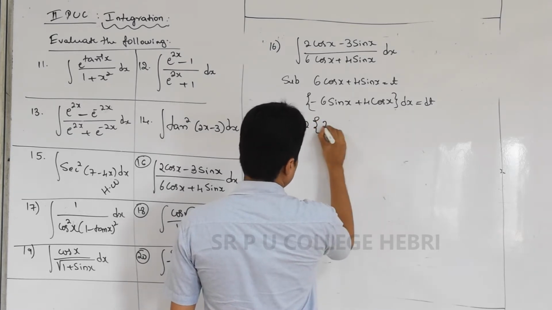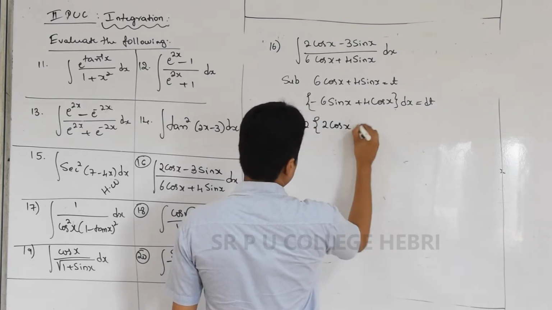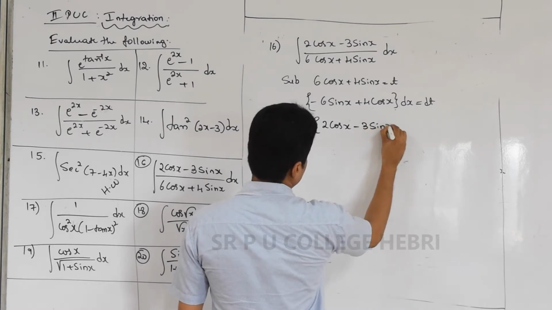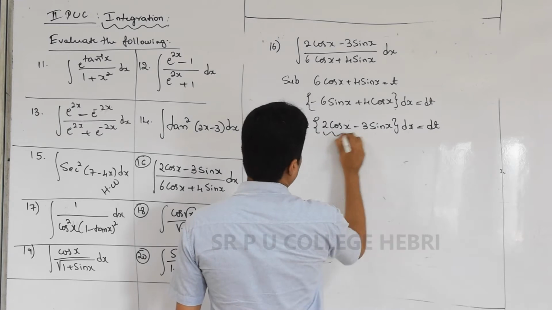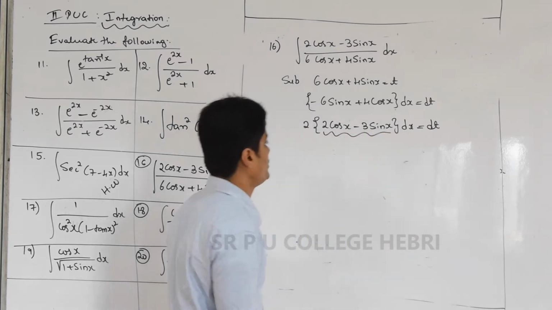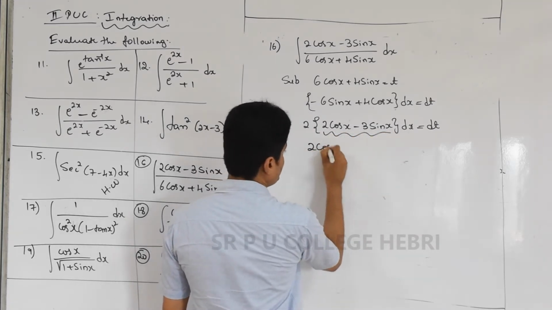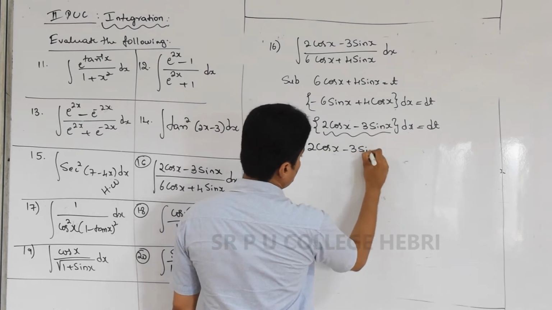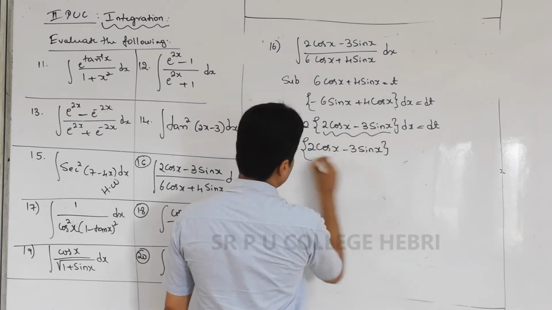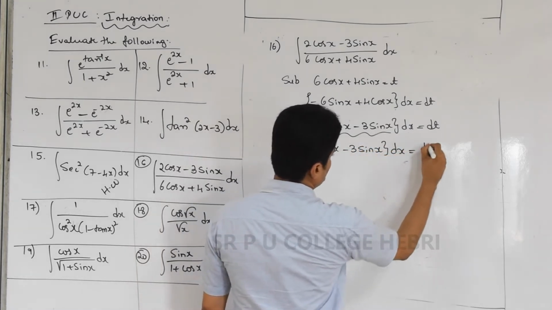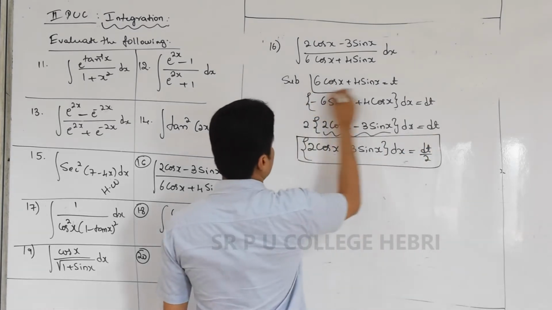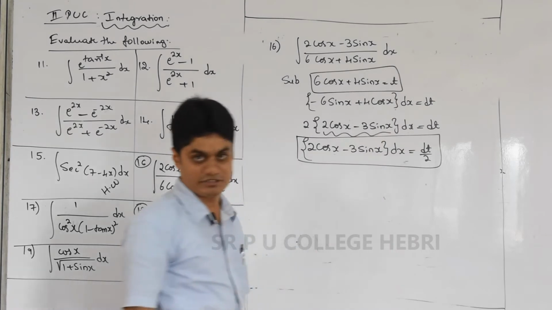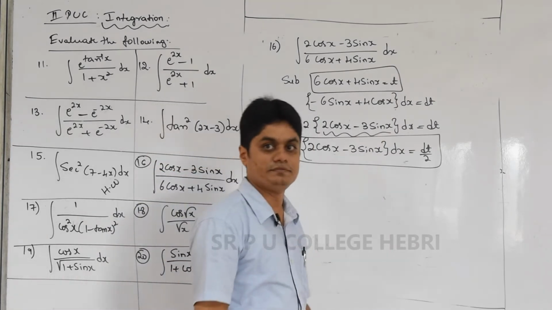I'll write this first term, 2 cos x minus 3 sin x. Correct? I hope you're observing. Now you have the numerator in this expression, so we need only 2 cos x minus 3 sin x into dx equal to dt by 2. Now use this expression as well as that expression in the given problem, and you will get the answer very easily.